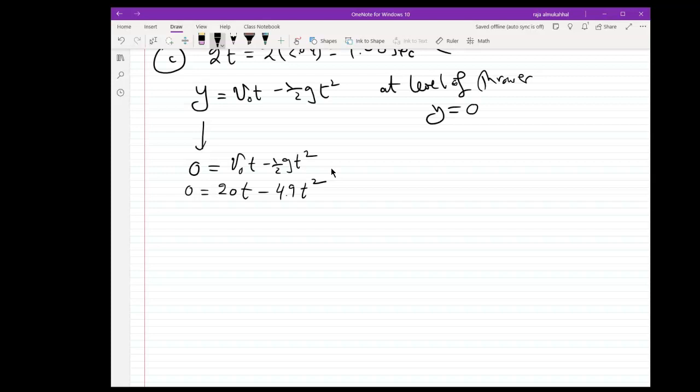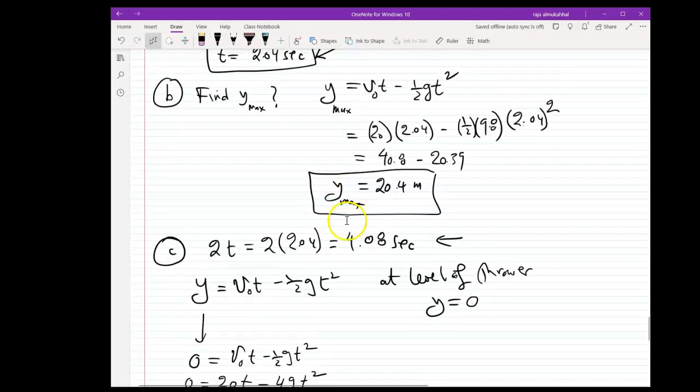I don't need the quadratic formula for it. I can do it without it. And when I work it out, you end up with t equal to 20 over 4.9. So t equals 4.08 seconds, which is basically what we predicted when we used just our common sense. Same thing. Okay, good.